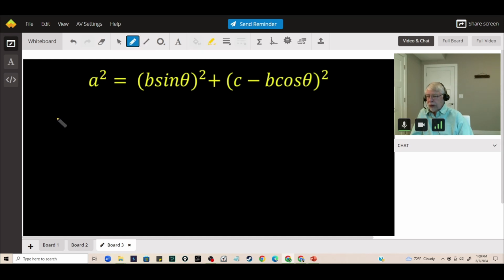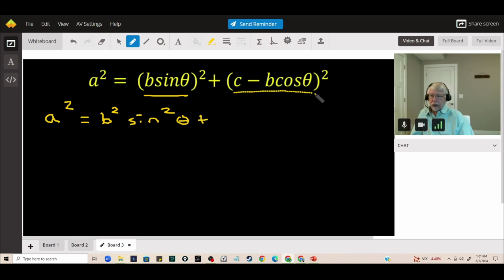I'm going to rewrite this as A squared, and it's equal to, well, B sine theta squared. This is just B squared sine squared theta. And if we do this, C minus B cosine theta squared is just C minus B cosine theta times C minus B cosine theta.